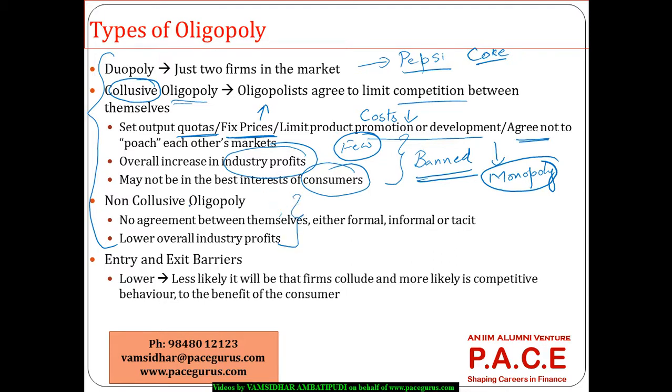But the traditional oligopoly, which is the non-collusive one, has no agreement in any form between the players, which means they are fighting for each other's market share. They may produce in excess. They will not fix the price. They engage themselves in price wars. They do heavy advertising, heavy promotional activities.